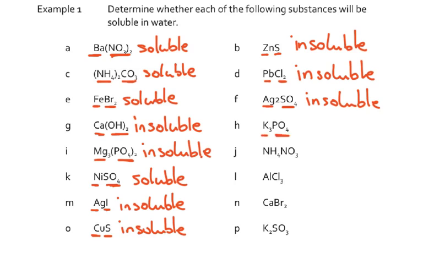Look up phosphate, match with potassium, that is soluble. Look up nitrate, match with ammonium, that is soluble. Look up chloride, match with aluminum, that is also soluble.